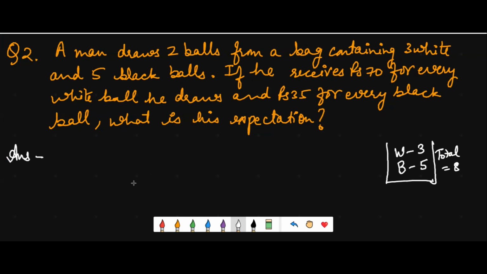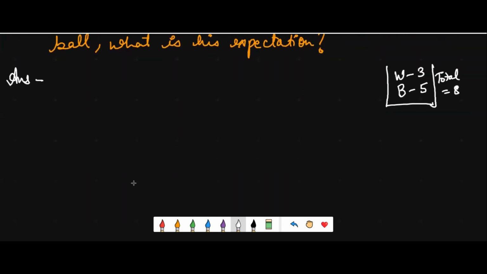So here we'll consider the total number of exhaustive cases, because here we are selecting two balls at random. So it would be 8C2.